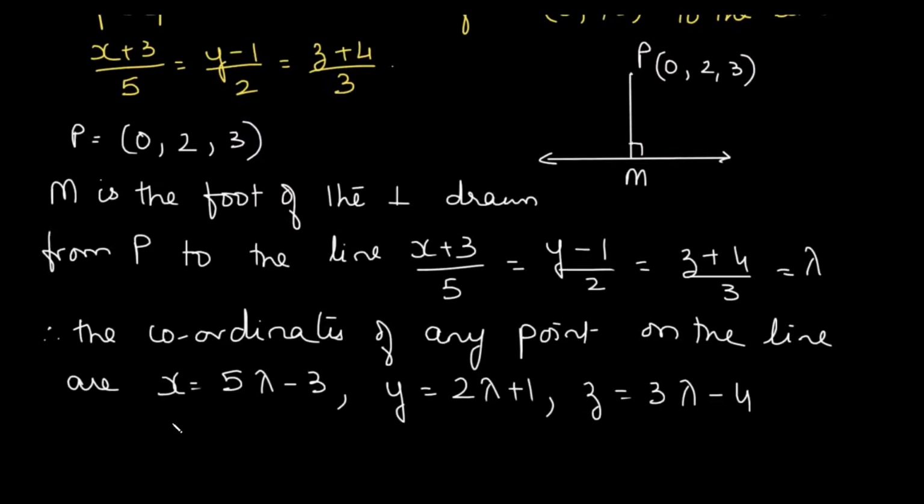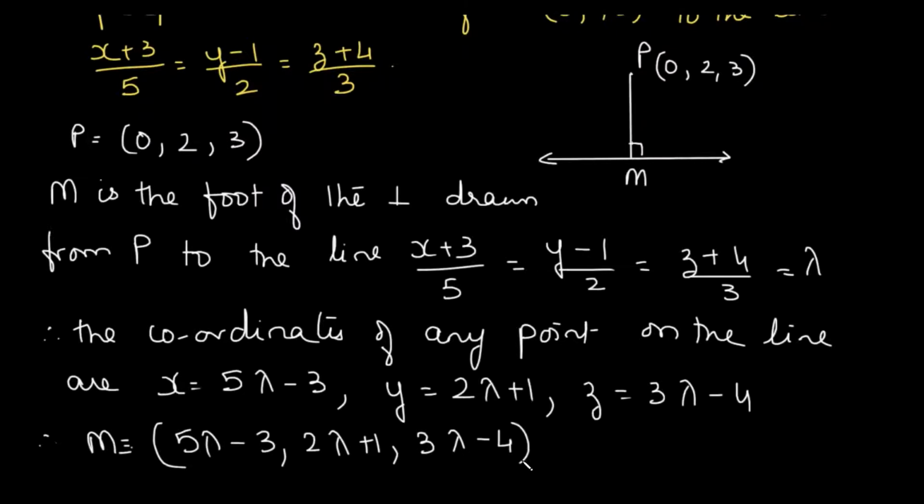So these are the coordinates of any point on the line. Therefore M is given by these coordinates, that is (5 lambda minus 3, 2 lambda plus 1, 3 lambda minus 4). So these are the coordinates of M.